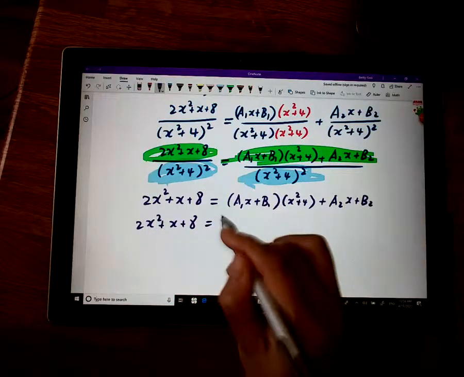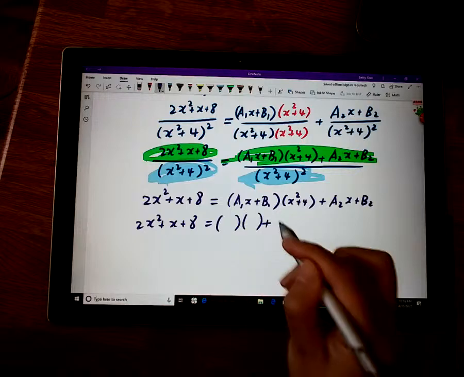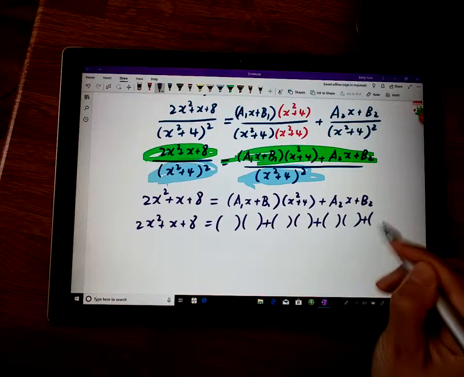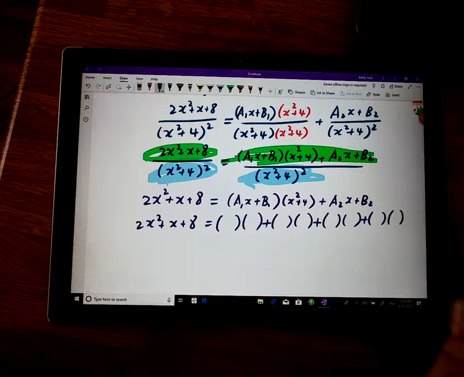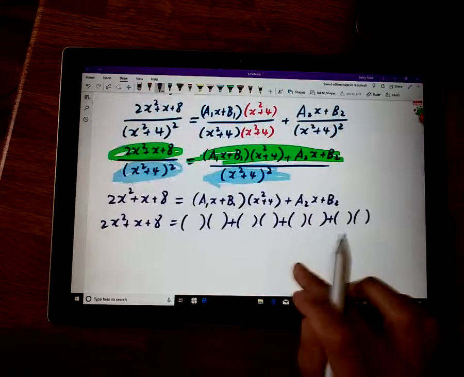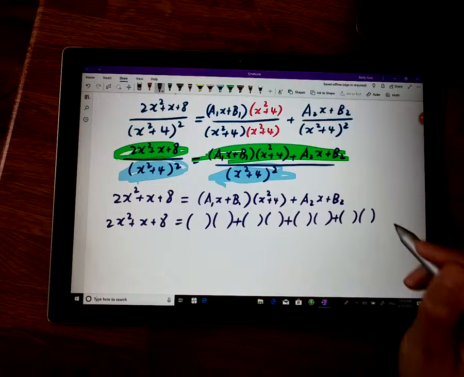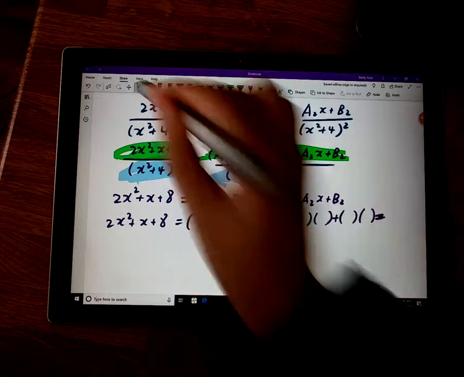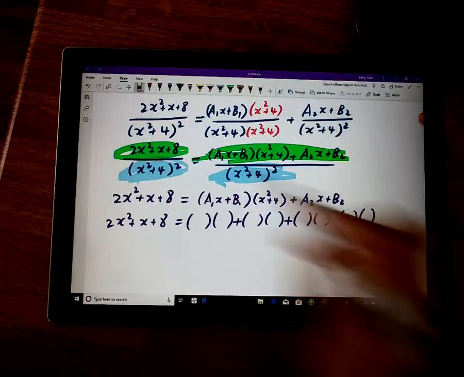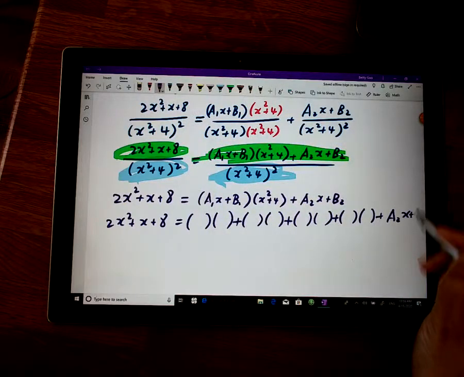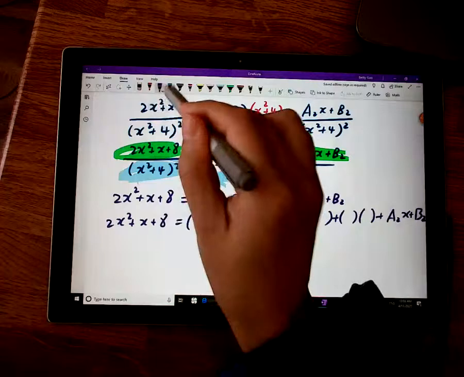That's for you. First times first, plus outside times outside, plus inside times inside, plus last times last. Plus a sub 2 x plus b sub 2. Let's fill in the blanks.